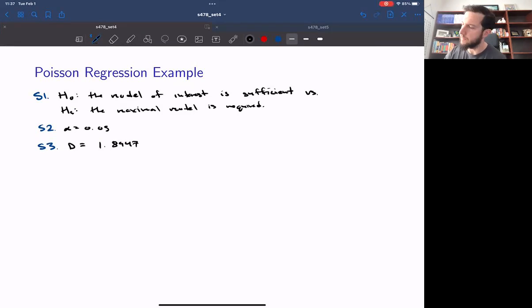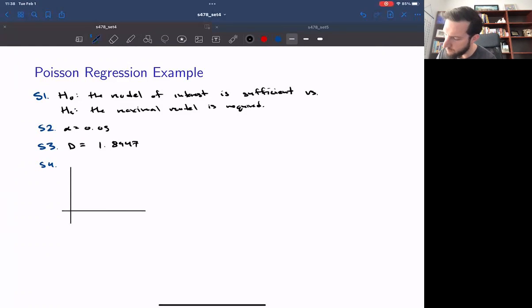All right, now on step 4, basically what we're doing here is comparing this value to the associated chi-square value on n minus p degrees of freedom.